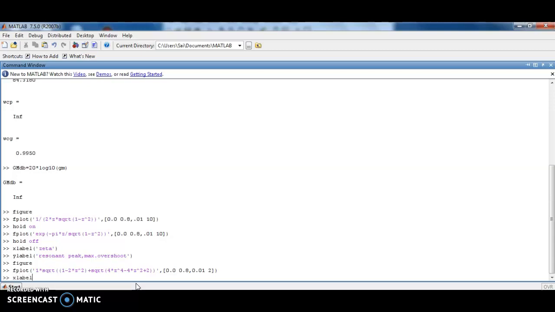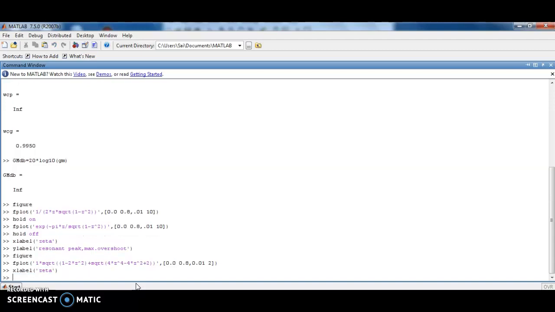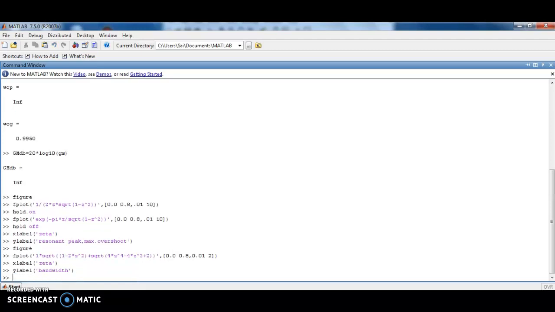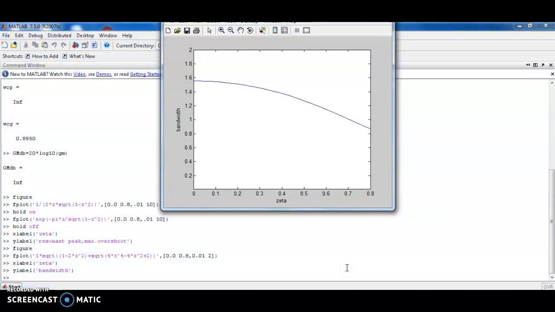X label zeta, y label bandwidth. So we'll get the graph.